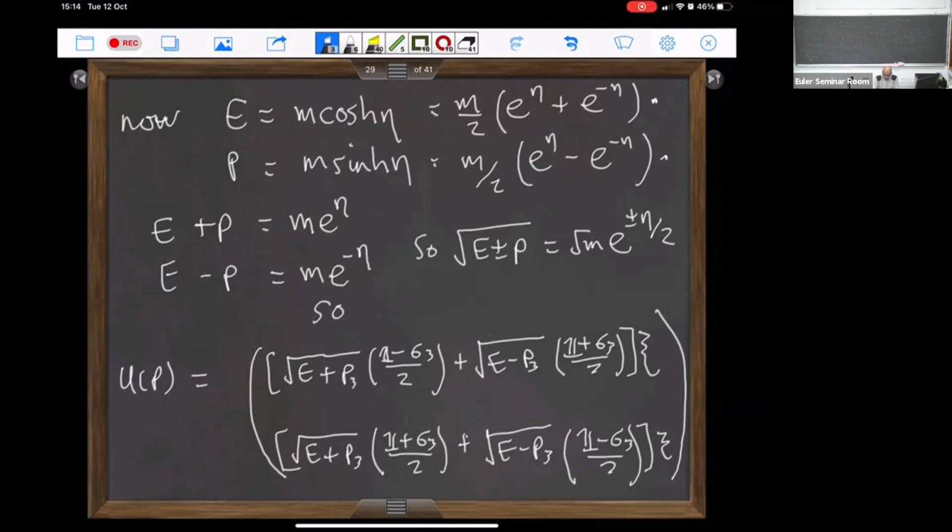If I take the square roots of those expressions, I get that the square root of E plus and minus P is the square root of m times the exponentials, but with eta over 2. And putting all of that together, we get this solution here at the bottom.